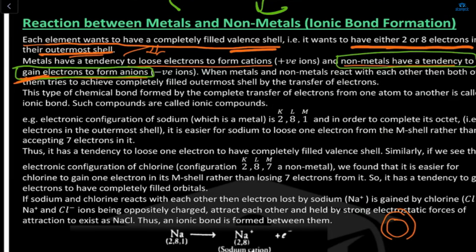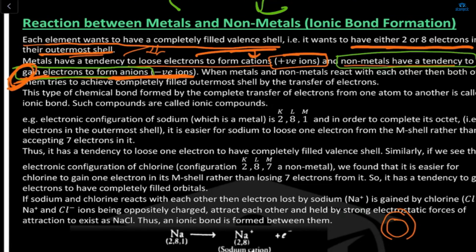What will oxygen do here? It will not lose electrons. If oxygen loses electrons, what will happen? 6 minus 2, 4 हो जाएगा. So it should be 8 in the outermost orbit. So non-metals have a tendency to gain electrons to form anions. ठीक है. Okay. अगर कोई चीज gain हो रही है, so it is forming an anion, means negative ions. If anything is losing, it is forming a cation, which is a positive ion.